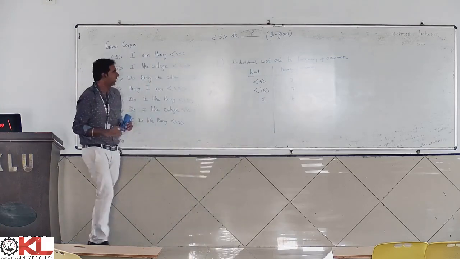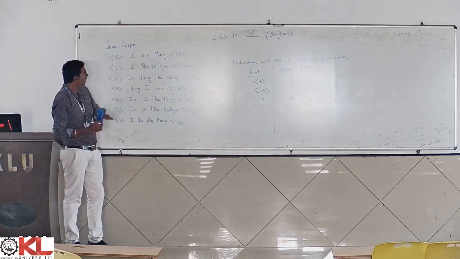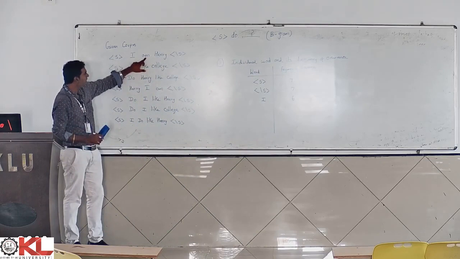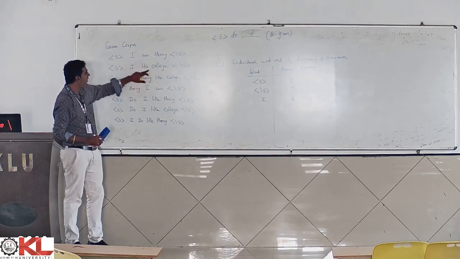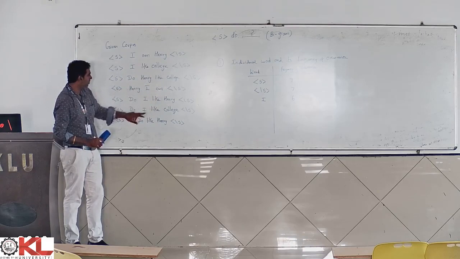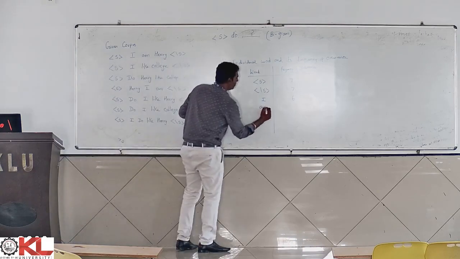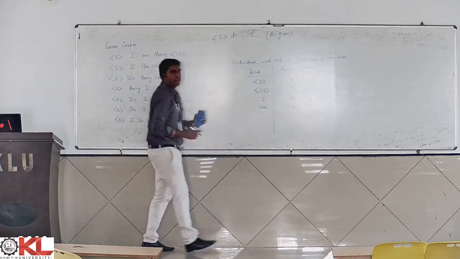Similarly, next the word am. Let us check how many times it occurs. One. In the second sentence there is no word am. The third sentence also no. Second time it occurs in the fourth sentence. The word am occurs 2 times.